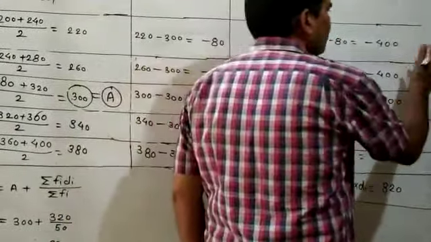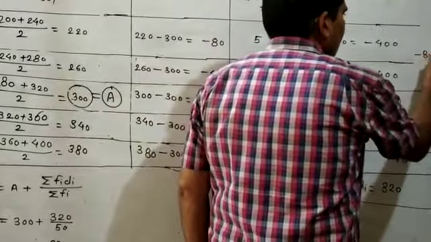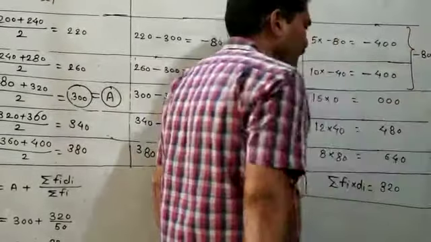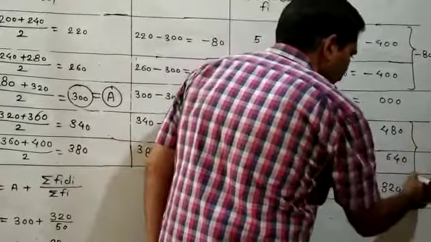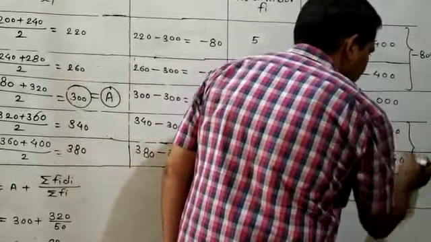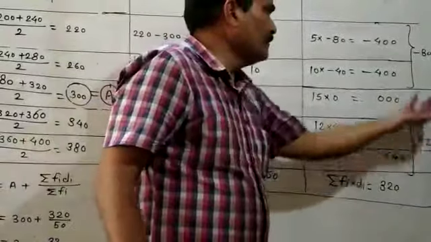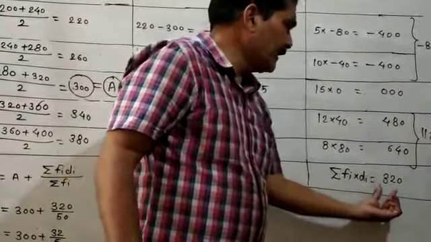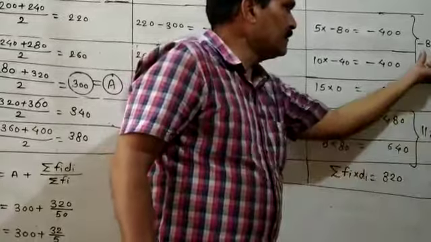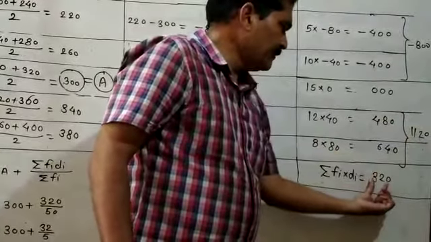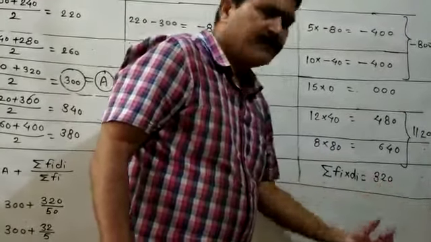This will come minus 800, and the positive sum will come 1120. From 1120, when 800 is subtracted, because this one is positive and this one is negative, the sum of fi di will come 320.